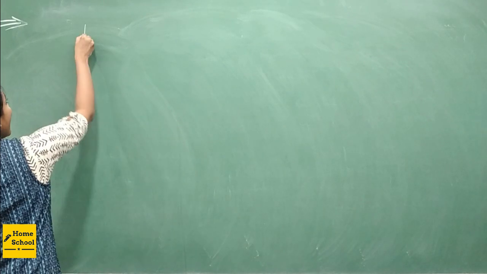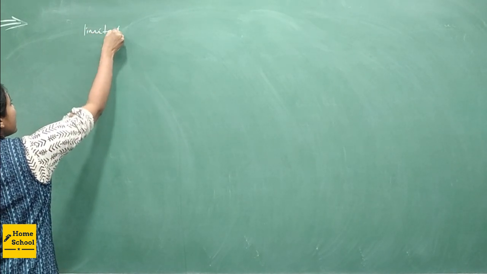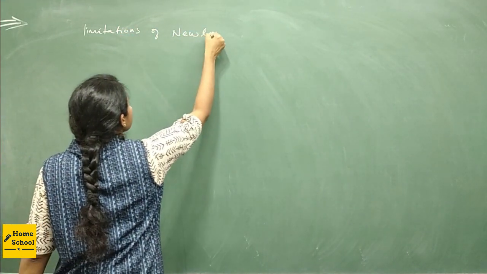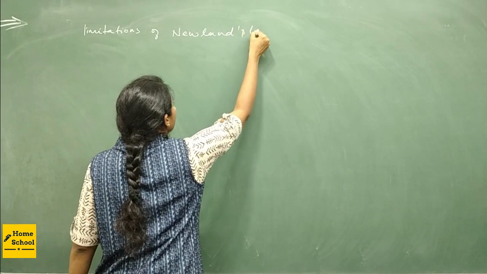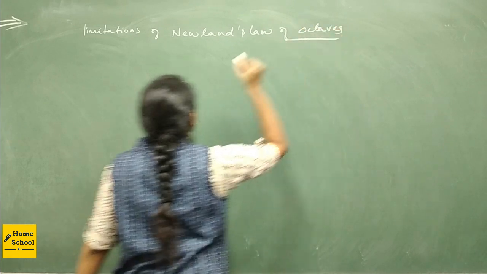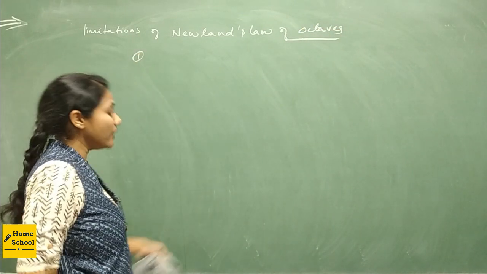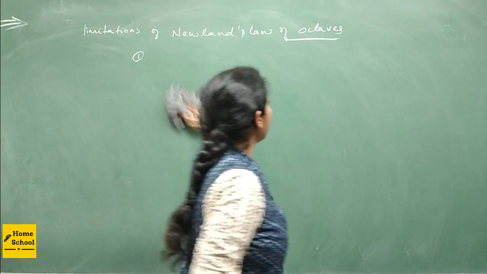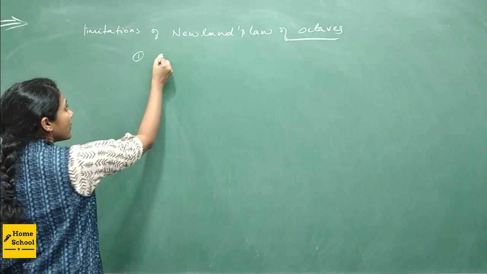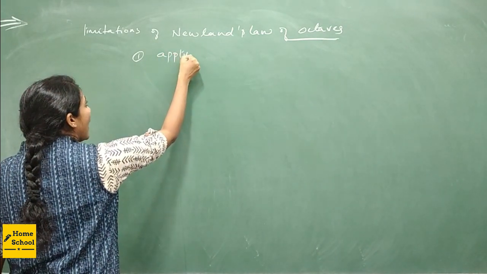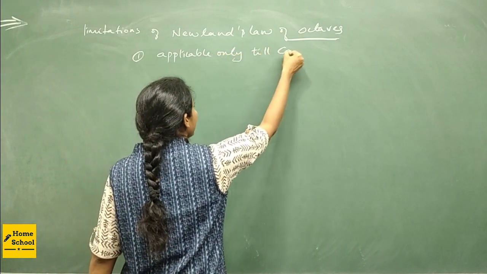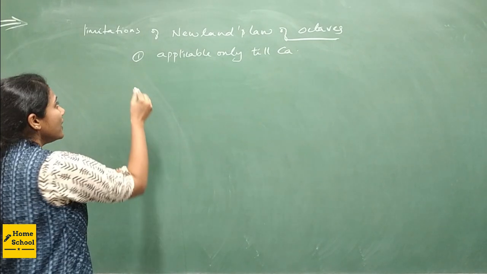They may also ask you about limitations of Newlands law of octaves. What is the first point you can write? A very important point: his theory is applicable only till calcium. So this is one limitation.